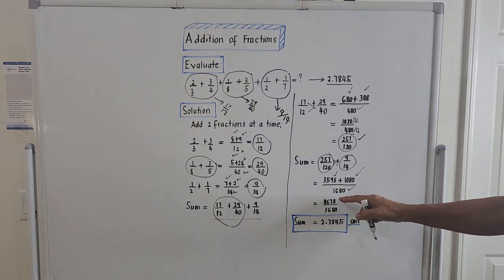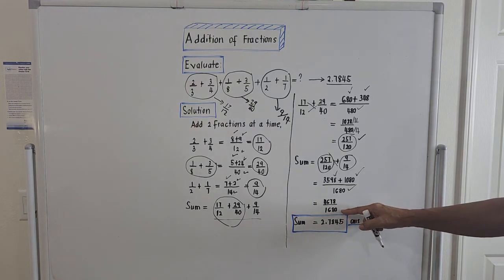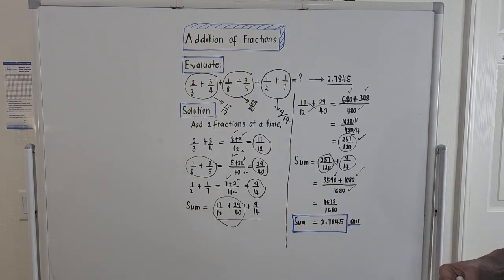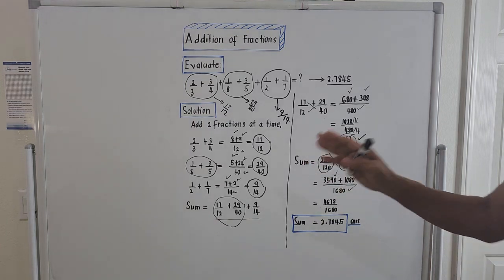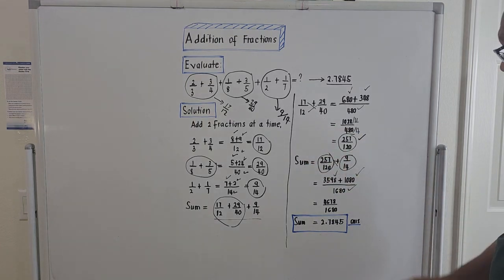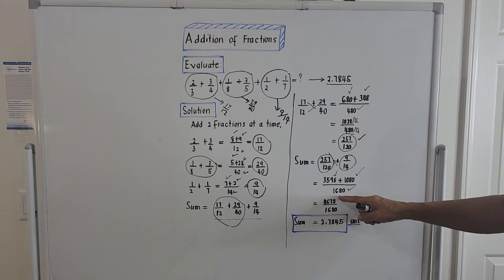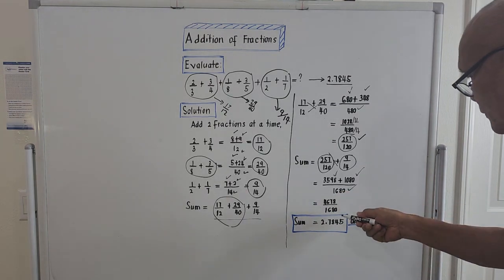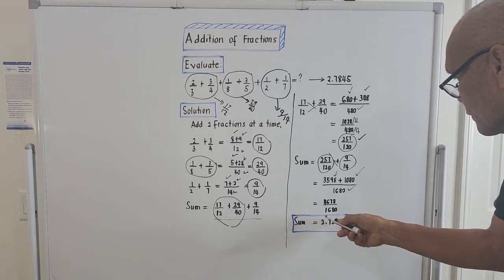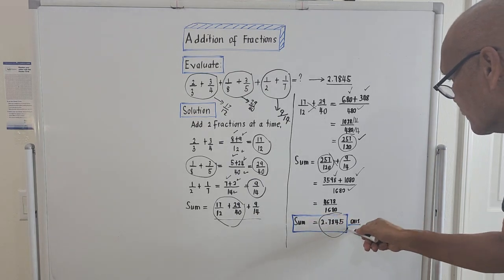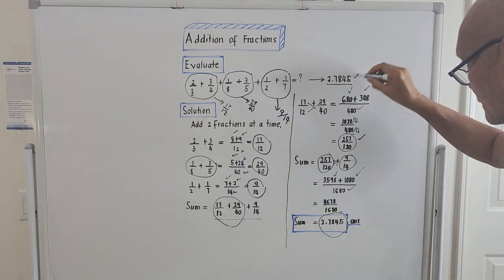This is not divisible by 4, so we'll just use our calculator. 4678 divided by 1680, and the value is 2.7845, same as this one.